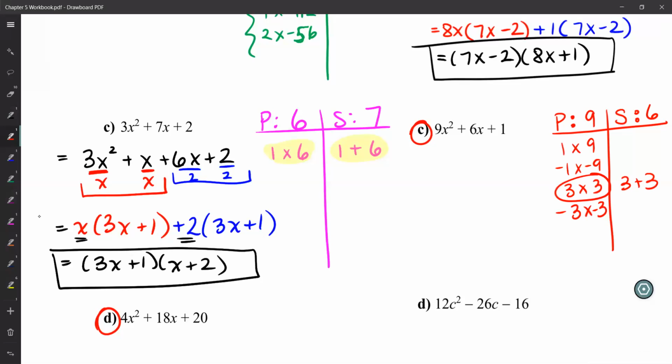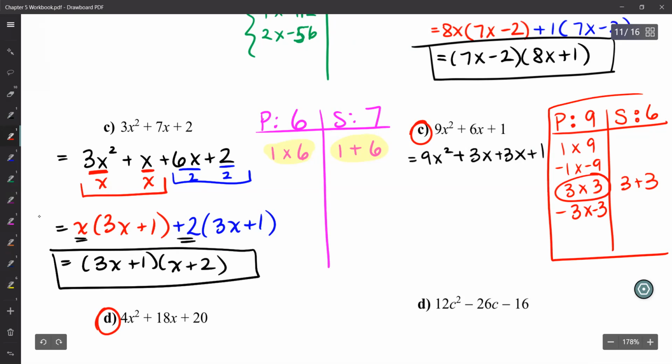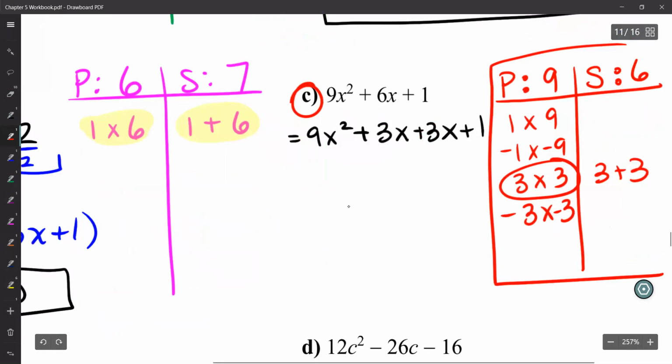And then you write it as y equals 9x squared plus 3x plus 3x plus 1. And then you group it and put it into brackets, so 9x squared plus 3x, then plus 3x plus 1.